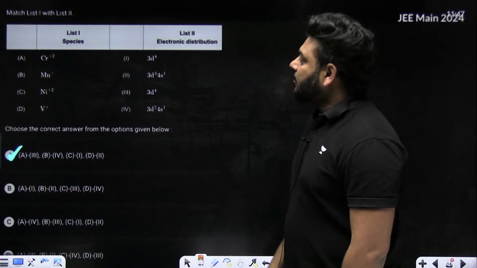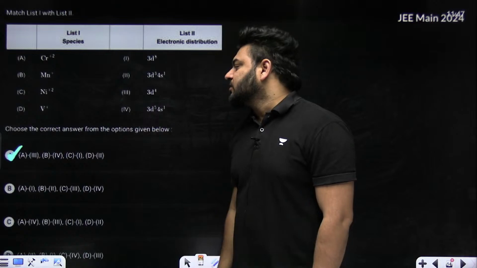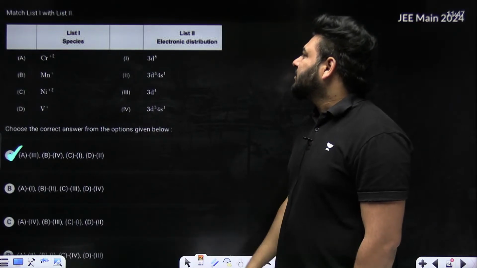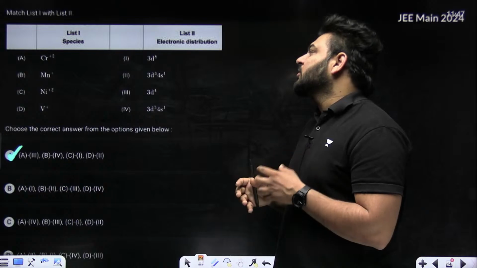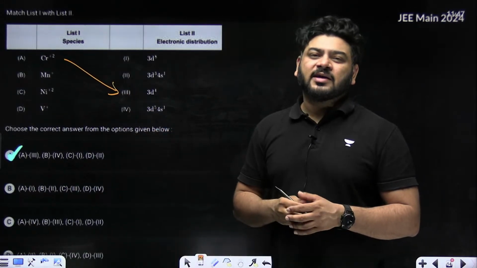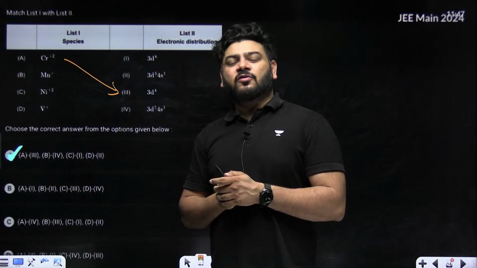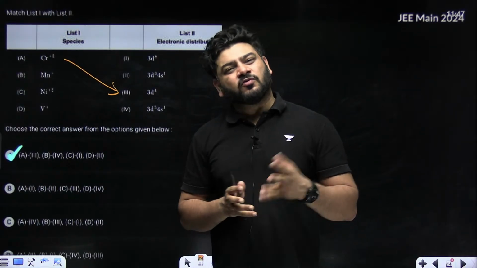Hopefully, we now have one more question from JEE Main 2024, but the answer is already given as third. But we'll see it. It's just a simple electronic configuration that we have to match. For chromium 2 plus it will be 3d4. Chromium has atomic number 24, and the electronic configuration is argon 4s2 3d4. After removing 2 electrons, it will become 3d4.